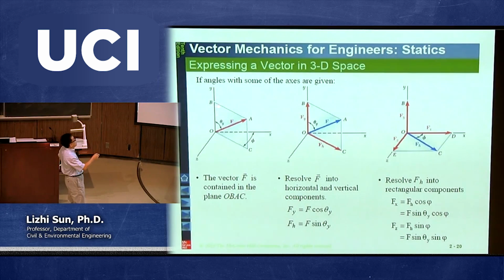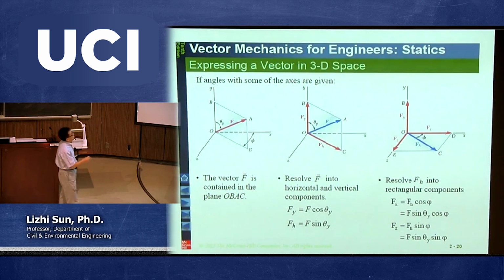So if this is 90 degrees, then this magnitude is F multiplied by the cosine of theta y. So F times cosine theta y, you get this y component, and that is the y component of that force. So basically we are writing it like this: the y component of this force is equal to F times cosine theta y. First of all, we got the y component because of this angle we already know.